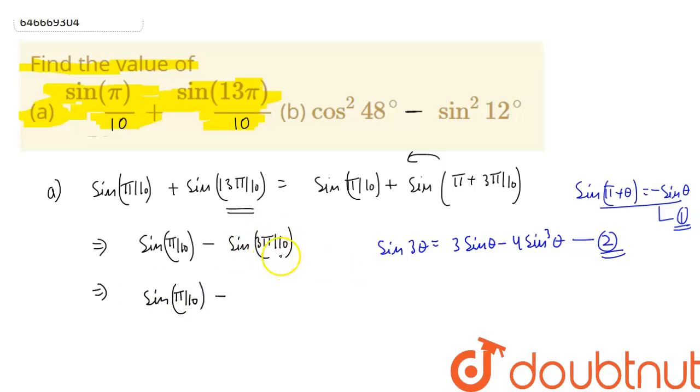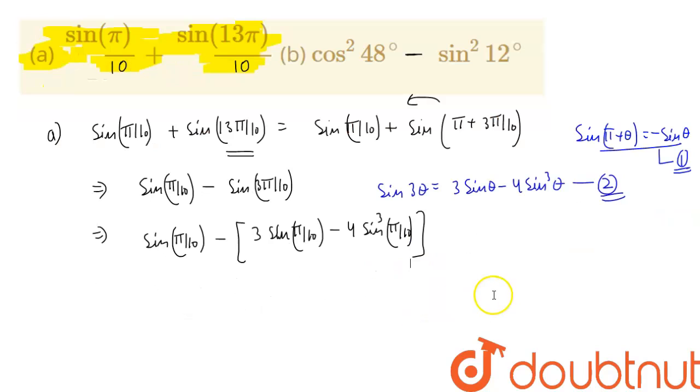Here theta is pi by 10, so we get 3 times sine of pi by 10, and minus 4 times sine cube of pi by 10.